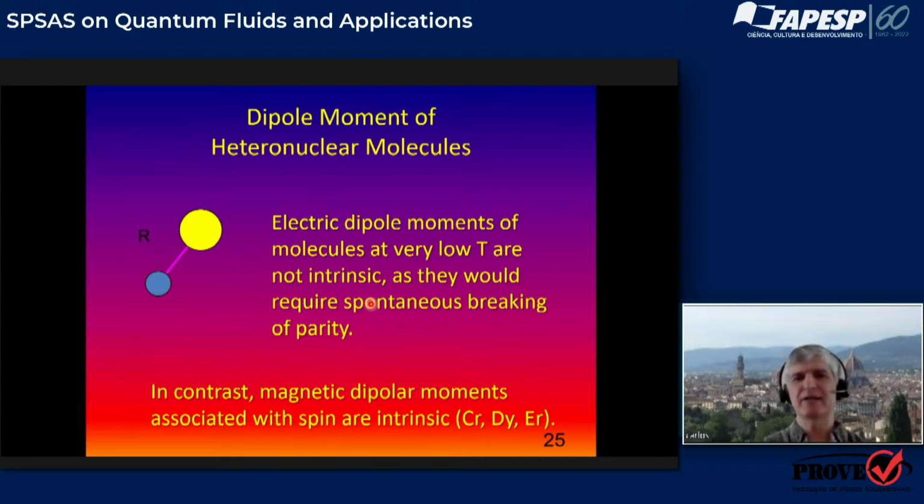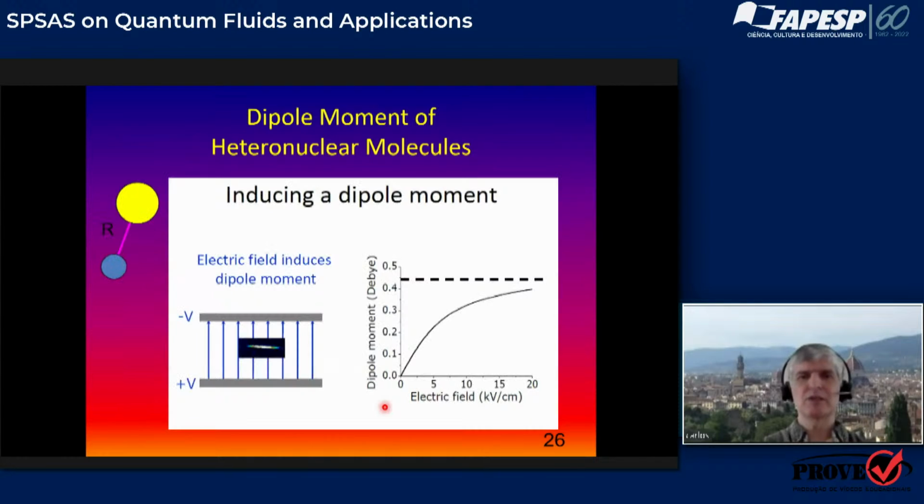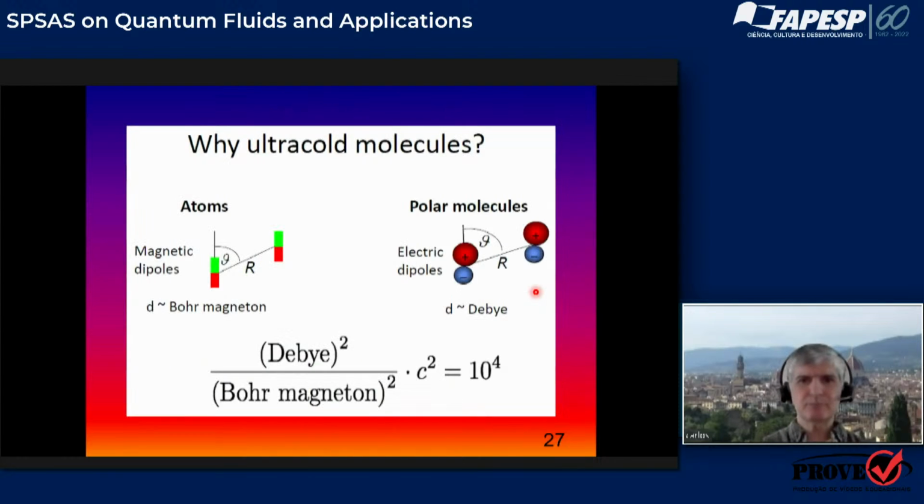You need to apply an electric field to induce that dipole moment, while the magnetic moment is intrinsic, associated with the spin. So to induce a dipole moment, you can apply a large electric field, and you can saturate those to values of order of a debye, or a fraction of a debye. So why ultra-cold molecules, in addition to magnetic atoms?